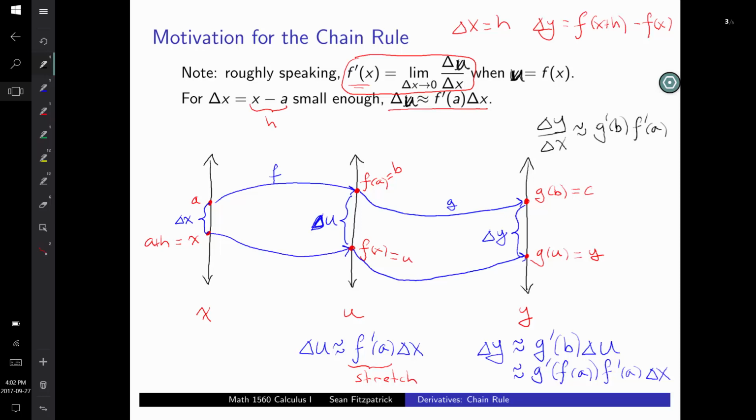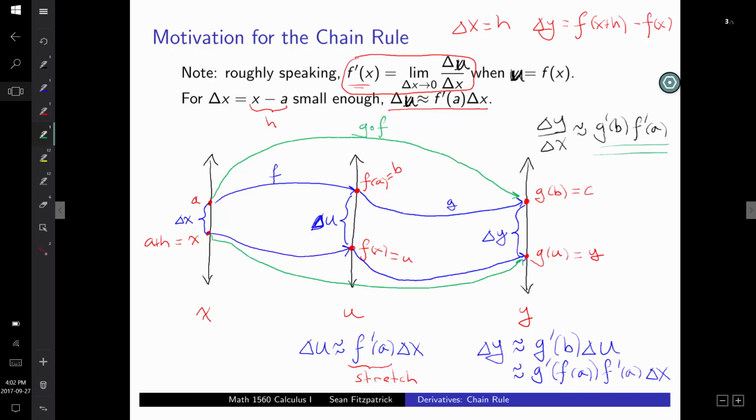So for the chain rule, what we should be having here is something that relates to the derivative of the big function, because we could also go all the way from a straight to c using the composition, g composed with f. And the same thing here, we can go from x all the way to y. So this ratio should be related to the derivative of this composite.